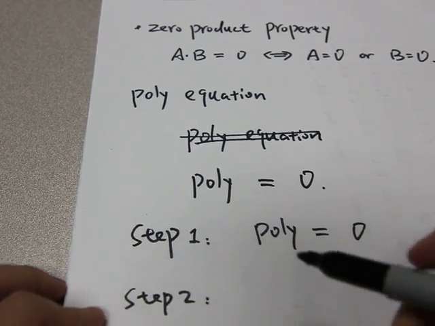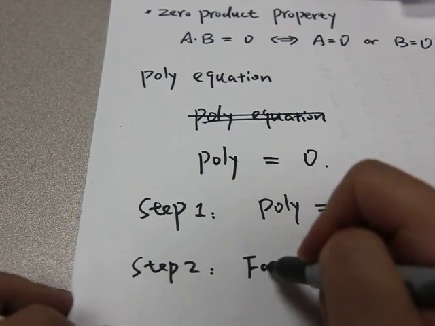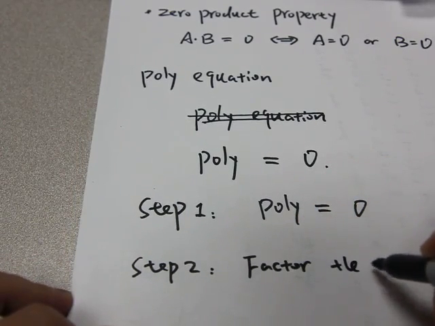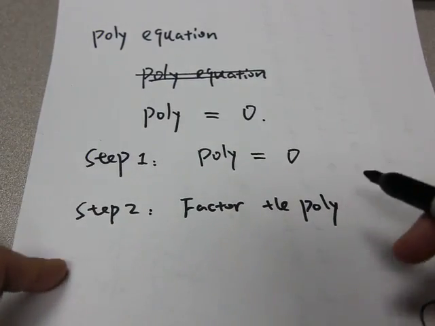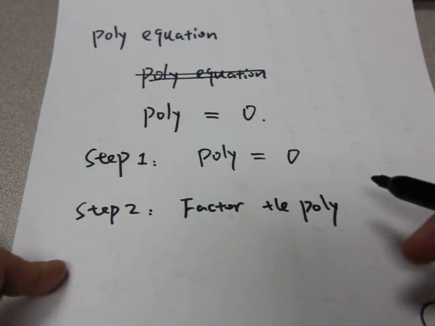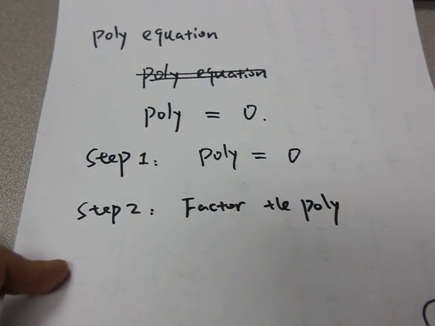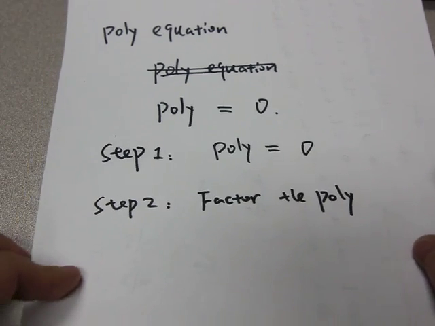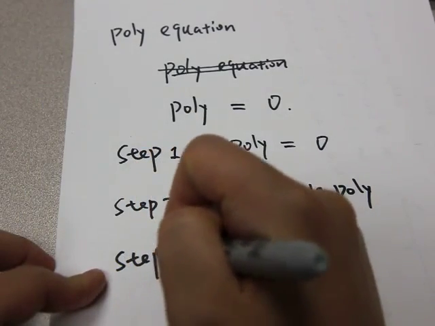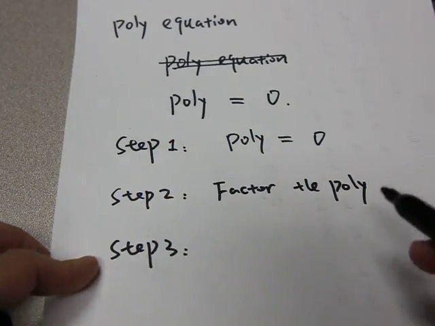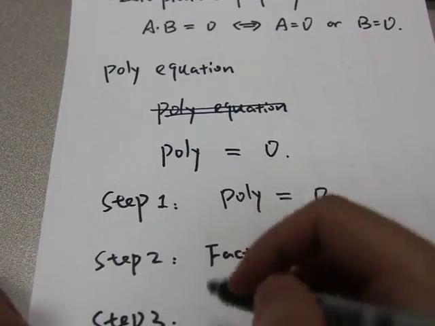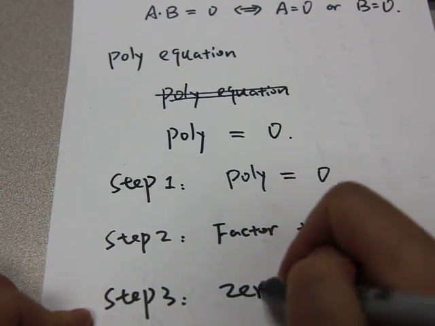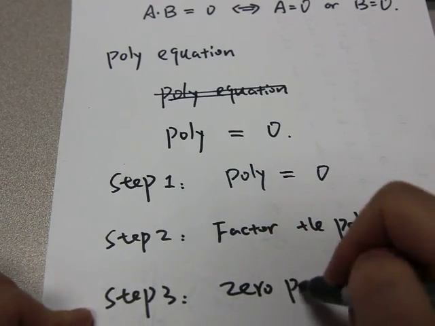Step 2 is to factor the polynomial using appropriate techniques, which we learned in section 5. And then after you factor the polynomial, in step 3, we solve the equation using this property.